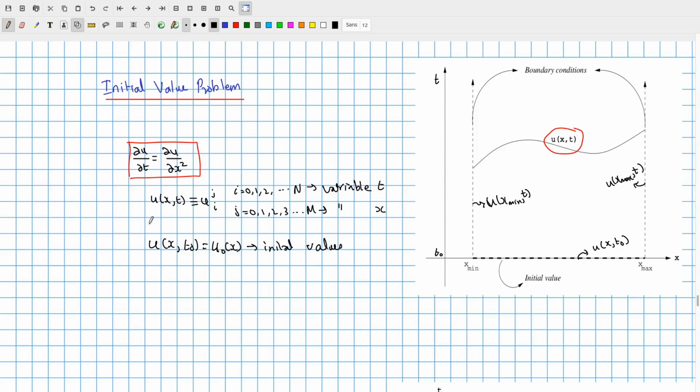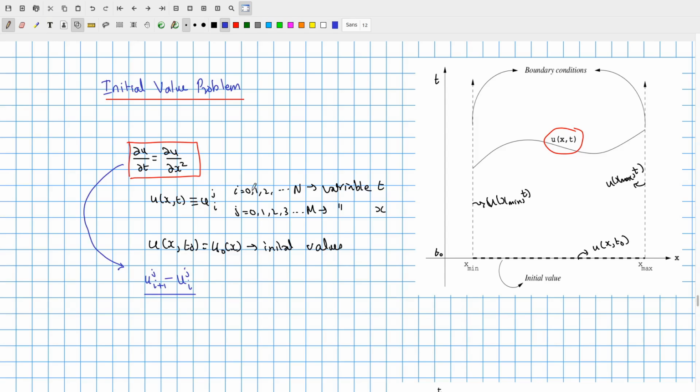We have to solve this equation. So the first step is to convert this partial differential equation into a finite difference equation. When we have used i for the variable t, this is a derivative in t, and we are using a forward difference, so this is going to be u of i plus 1 j minus u of i j divided by, I forgot to tell about this interval.